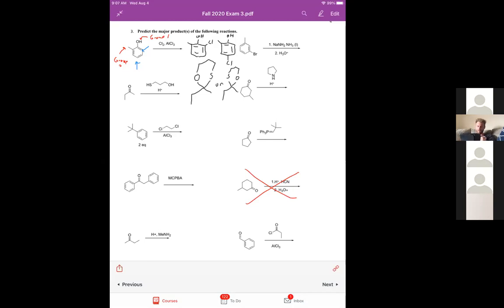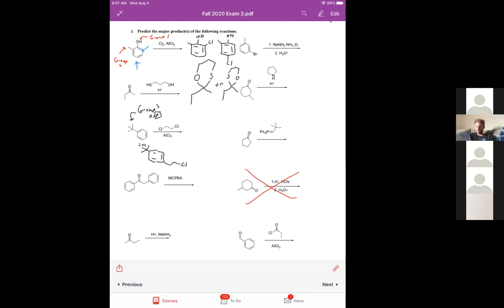All right, taking a look at this aromatic ring. We've got a tert-butyl, which is going to be a group 3. Ortho-para director. It is quite large. It's going to be blocking your ortho position and you're going to really favor that para. We've got two equivalents of it. So if we do this reaction once, we should get this here.